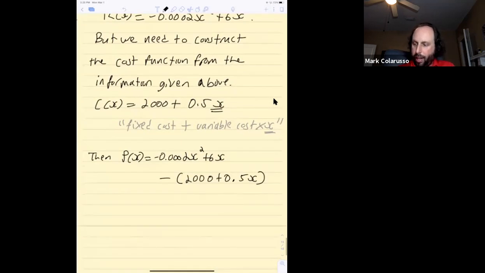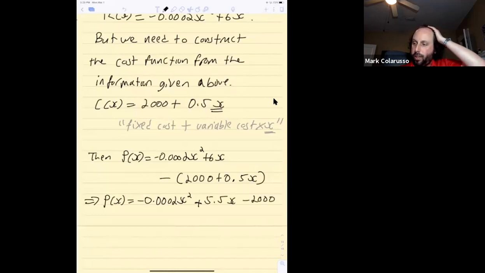You have to do some simplification. So P of X comes out to be minus 0.002X squared plus 5.5X minus 2,000. This is straightforward: take 6X and subtract half X, and make sure you distribute the negative sign.